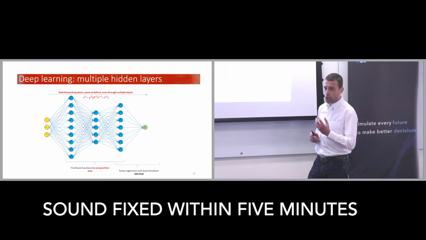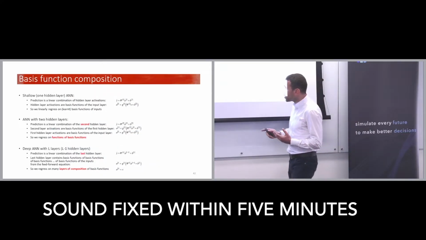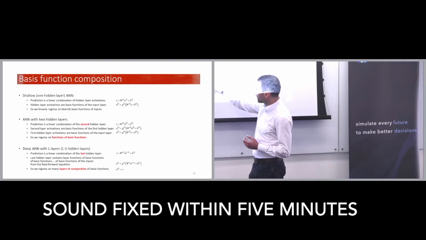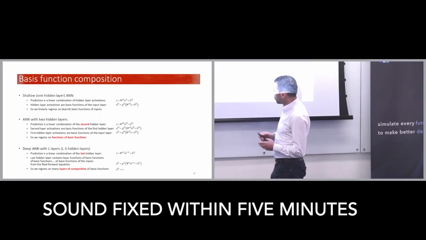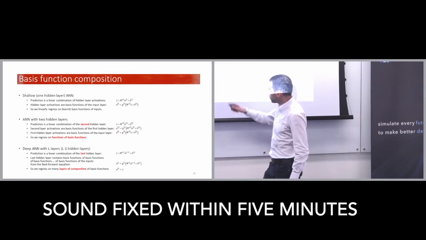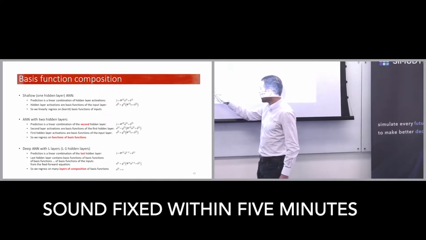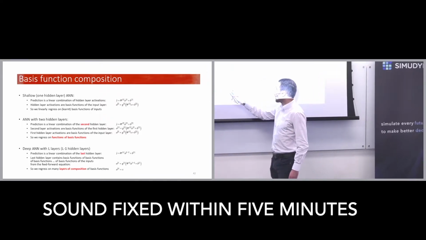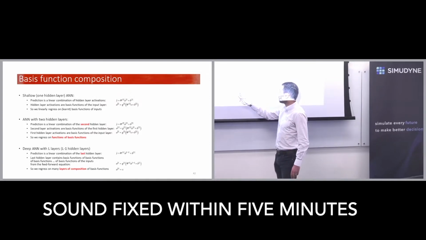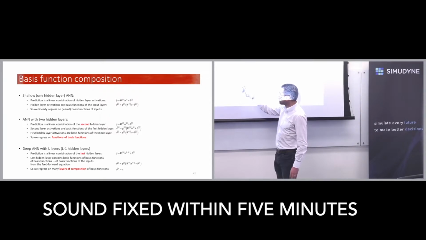What is it we're really doing with deep neural networks? Well, in the first layer, the first layer consists of basis functions of the input layers. And the second layer are basis functions of the first layer. So these are basis functions of basis functions of the inputs. And the third layer are basis functions of basis functions of basis functions.